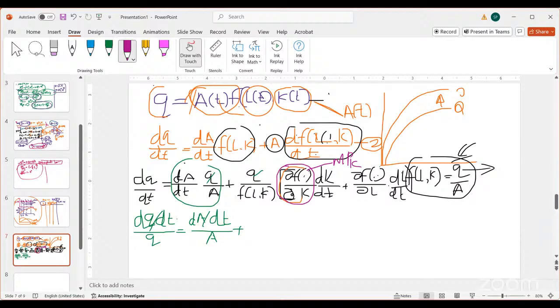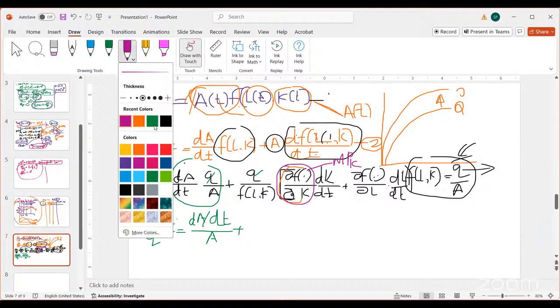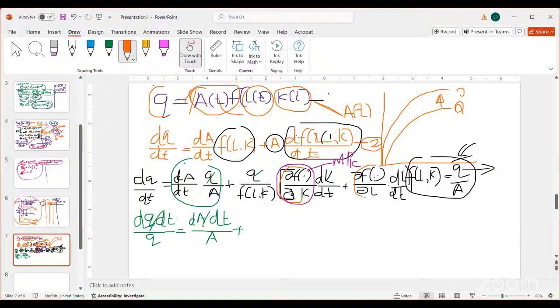And here, this part is the marginal product of labor, the marginal product of labor.